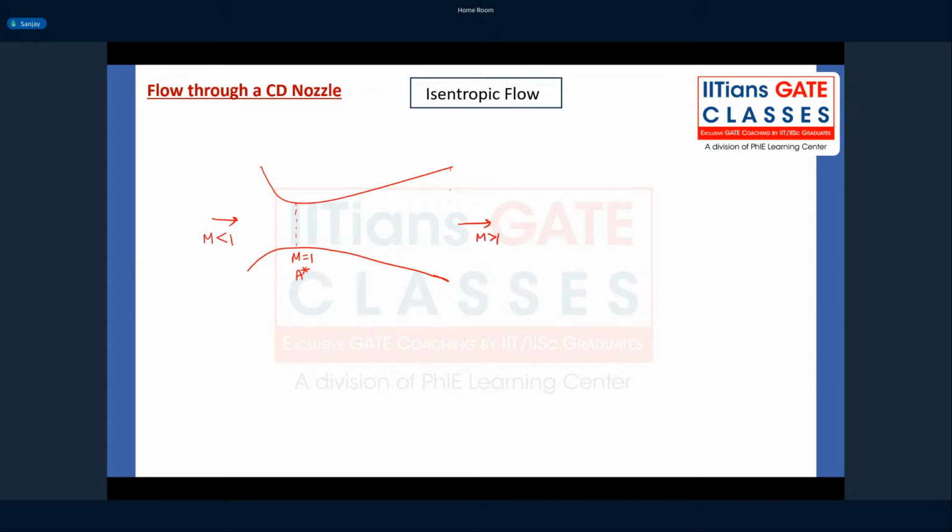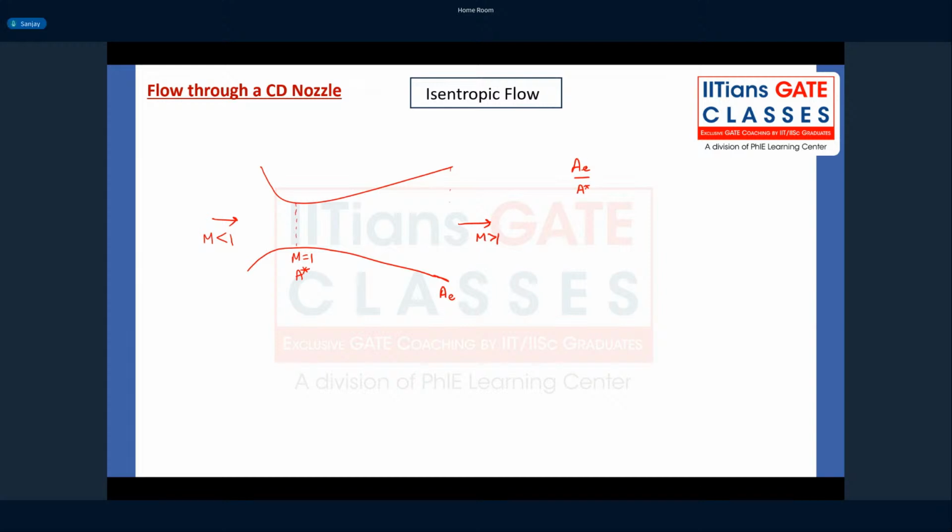Now, if I have a nozzle, the design of the nozzle is fixed, right? Which means, let's say the area at the exit is AE and the area at the throat is A star. So my AE by A star is fixed. Because the geometry of the nozzle is fixed, I know what my A by A star is.